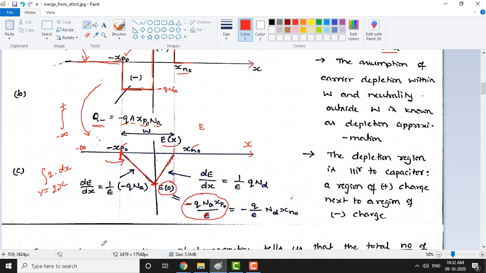Between these two, there are no charges here. So therefore, minus infinity to xp naught, there are no charges, so the field is 0. In this region, the electric field is 0. Now if I move a little bit to this region, if I choose a small distance, let us say this is x dash.